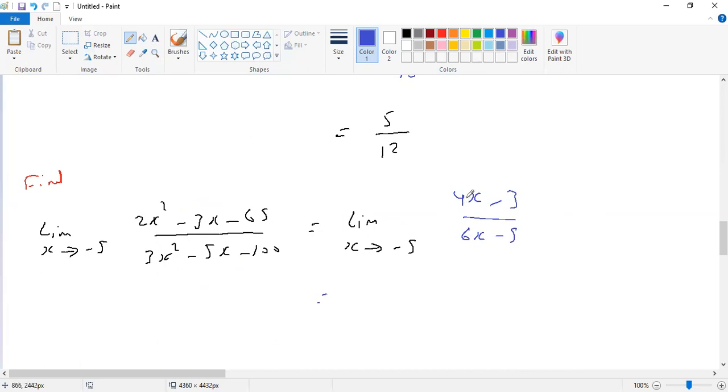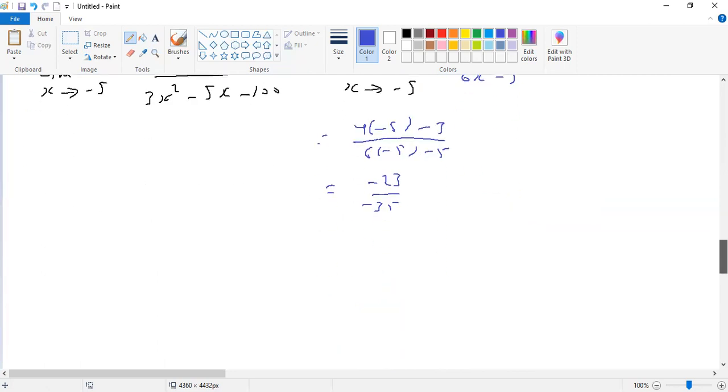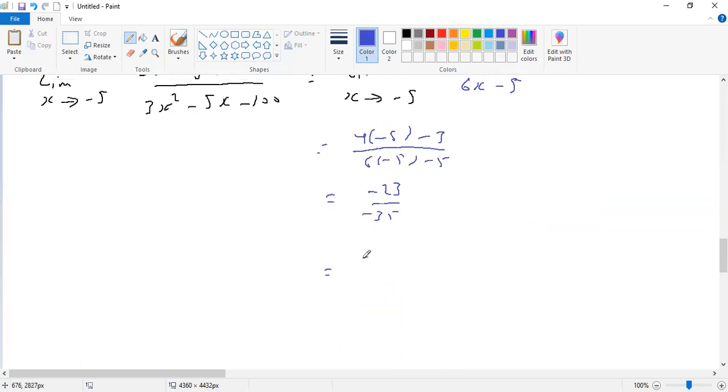Now replacing x with negative 5, 4 times negative 5 is negative 20, minus 3 is negative 23. And if I put negative 5 in the denominator, negative 30 minus 5 is negative 35. That means the answer is 23 over 35, the final answer.